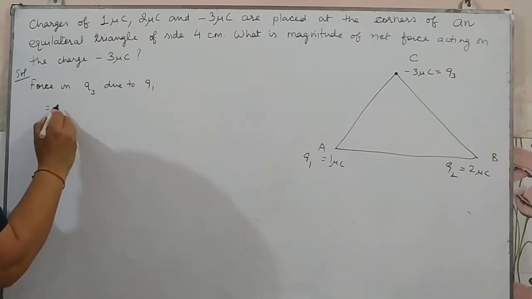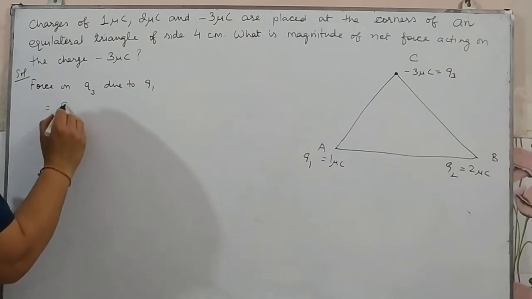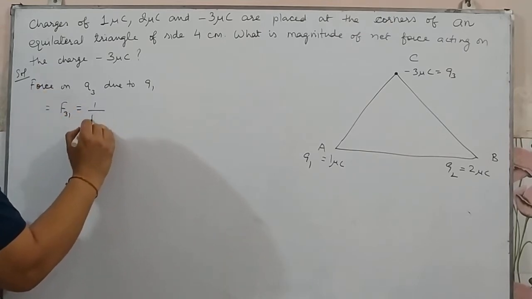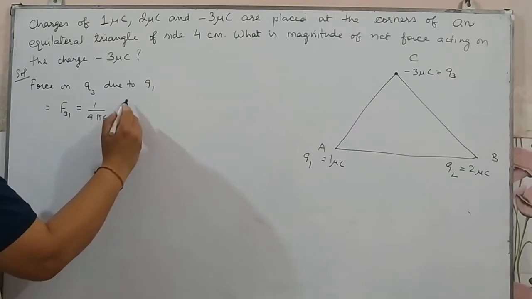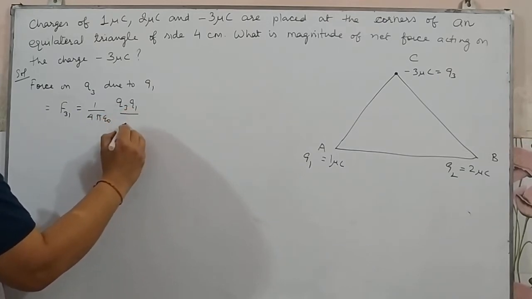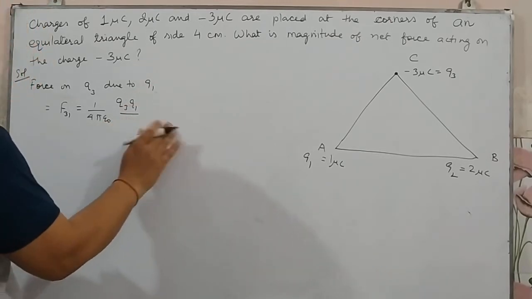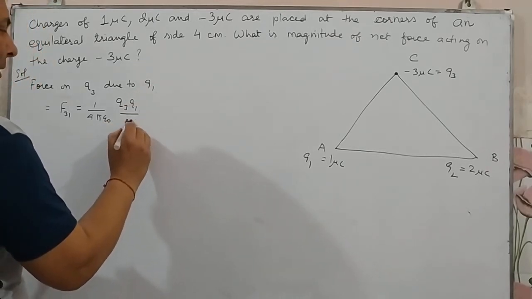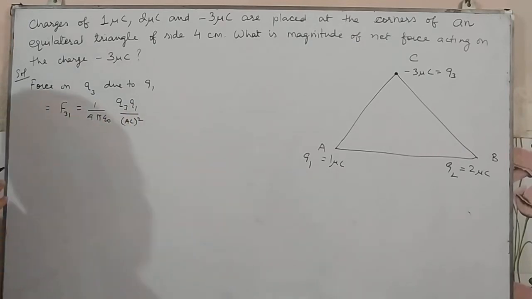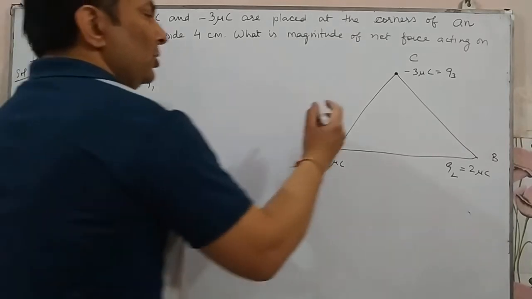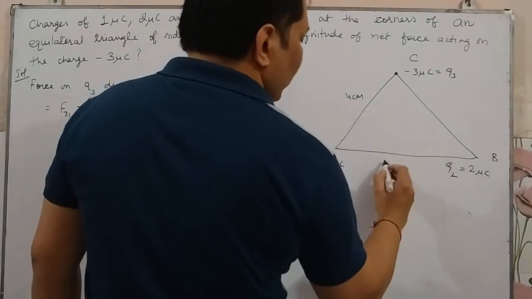This is F31, and we're taking only the magnitude here. This is 1 upon 4 pi epsilon naught Q3 Q1 divided by AC squared. It is given in the question that this value is equal to 4 centimeter.